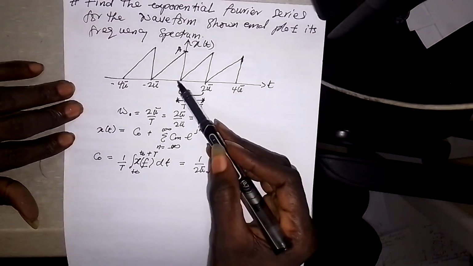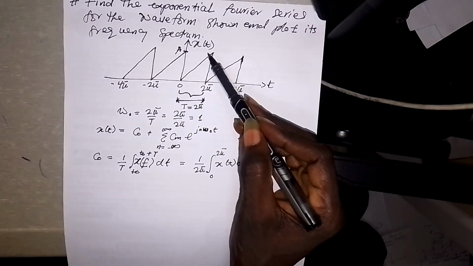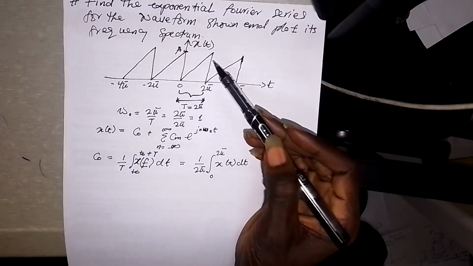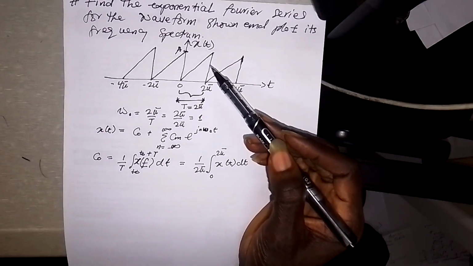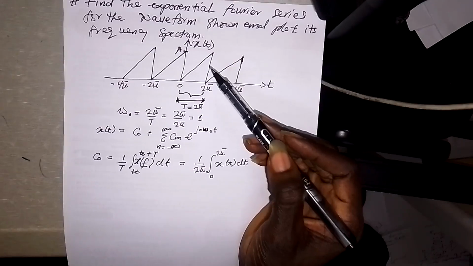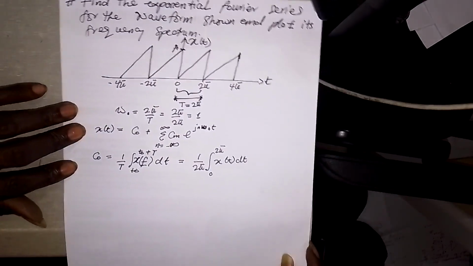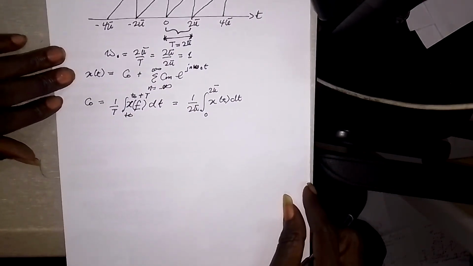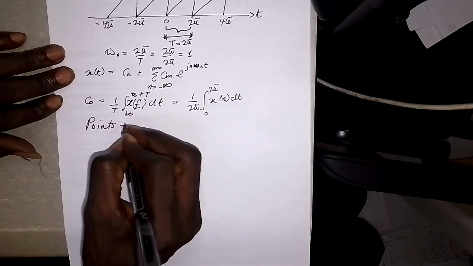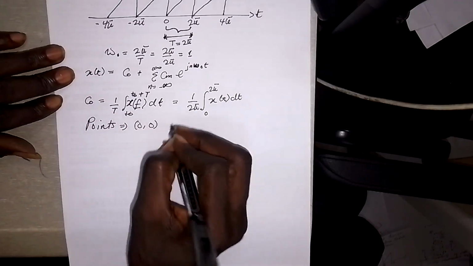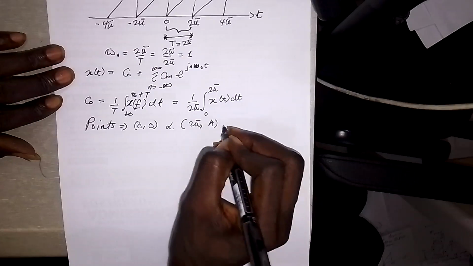I have to take a point. So here I can take 0, 0. Here I can take 2 pi, a. Now I must write these points, find the slope for these points, and then find the equation for these points. So the points are 0, 0, and 2 pi, a.